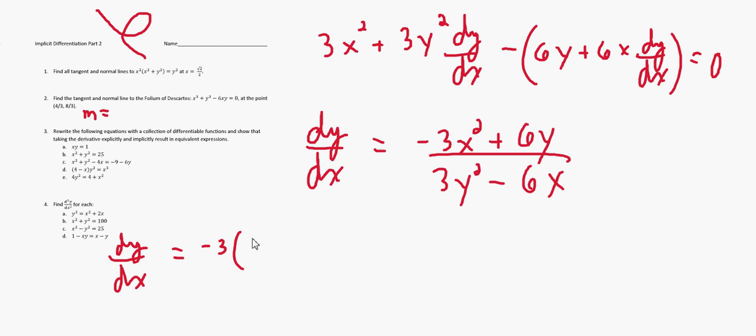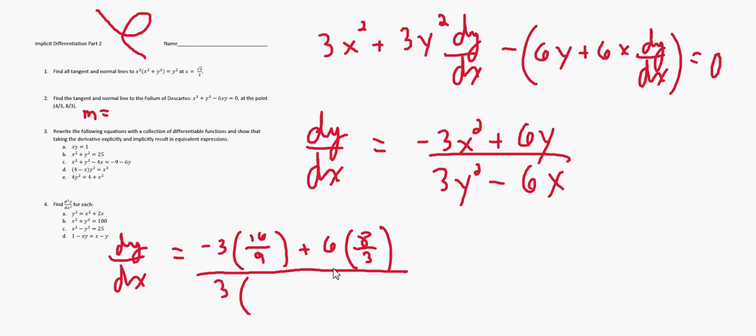4/3 squared is 16/9 plus 6 times y, and y is 8/3 over 3 times y squared, which would be 64/9 minus 6 times x, which is 4/3.